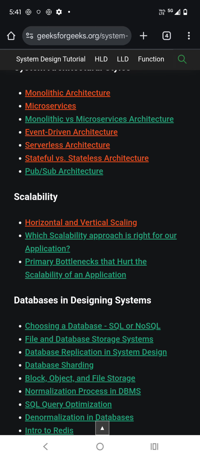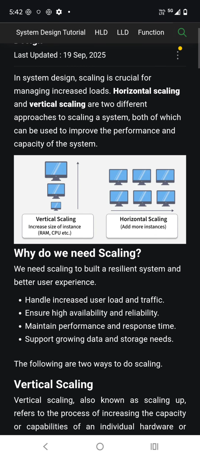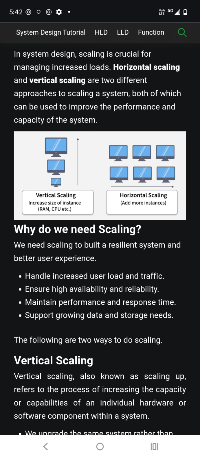But why do I need to scale an application? Why is scalability needed? Let me tell you one thing. You need to scale a particular application whenever you meet increased user load or traffic, and your existing infrastructure may not be able to handle that load or server response.